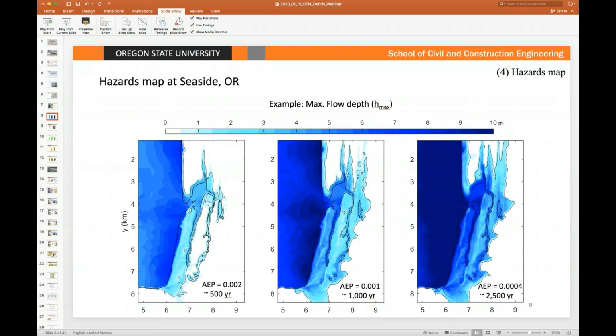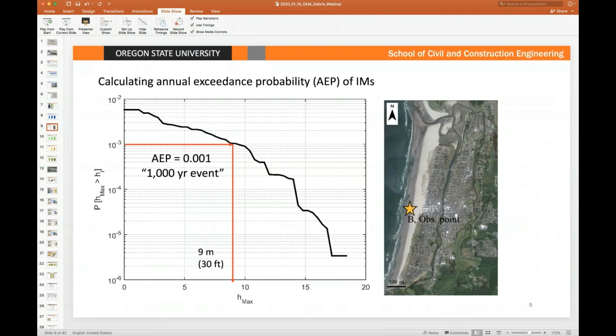So the previous earthquake and tsunami from the 1700 event would be roughly equivalent to around a 500-year event or something like that. And then with earthquake design for structures, usually we're considering something up to a 2,500-year event.